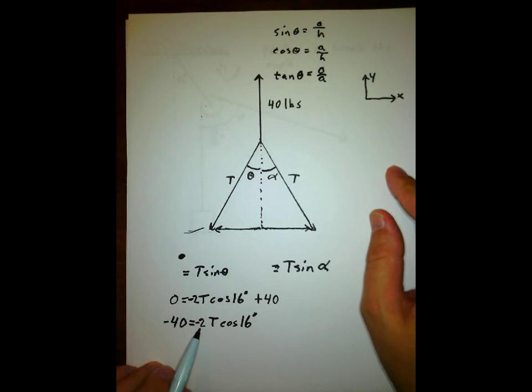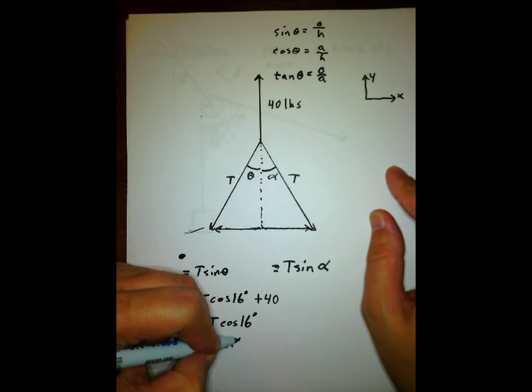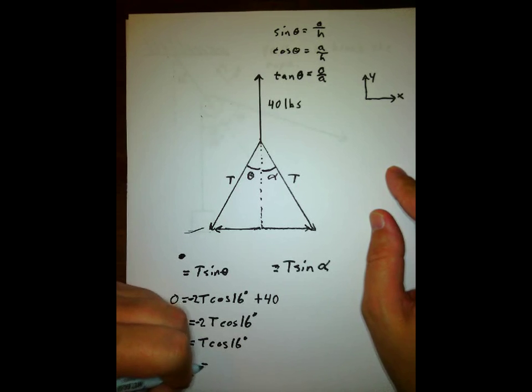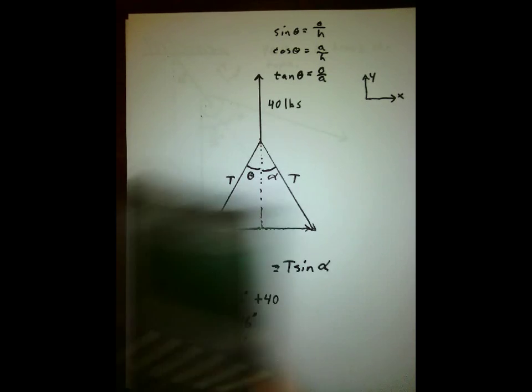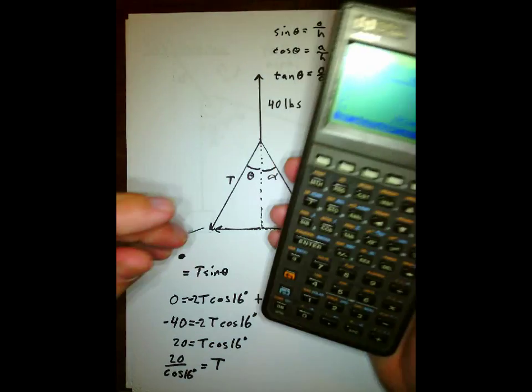Alright, so now I'm going to divide both sides by negative 2. So that gives me positive 20 equals T cosine 16 degrees. Now I'm going to divide by cosine 16, so I'm going to have 20 over cosine 16 equals T. And let's grab the old calculator.